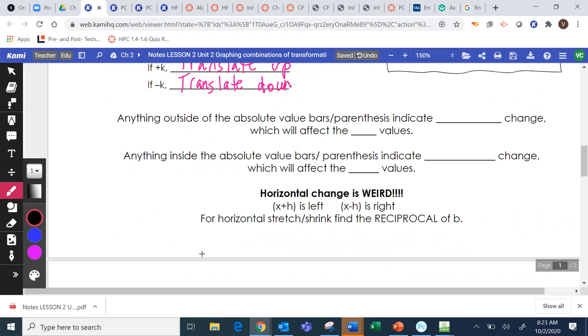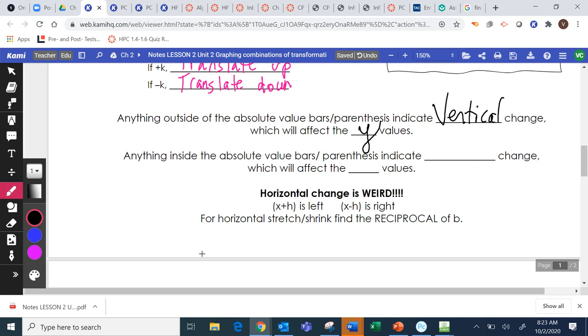Correct. Vertical. And that will affect which values? Sierra, the vertical change affects which values? Your options are X or Y. It affects the Y values.